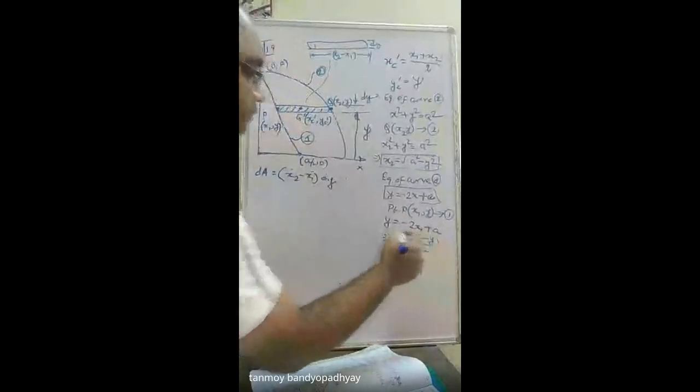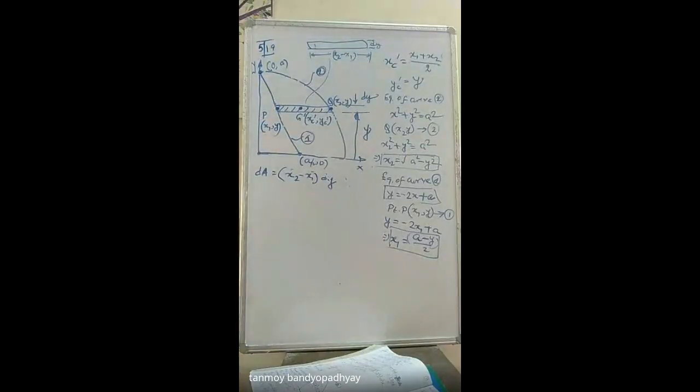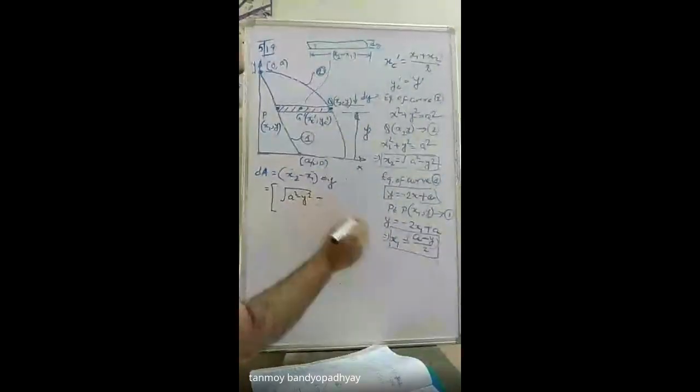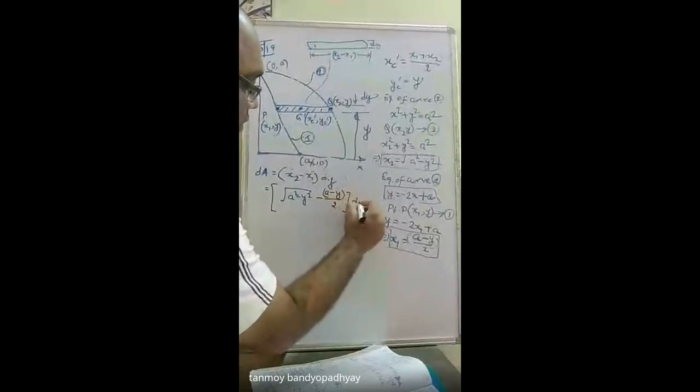Now if I put the values of x1 and x2 here, what should I be left with? x2 minus x1, so what is x2? x2 is root over a square minus y square, minus x1, which is a minus y divided by 2, into dy.